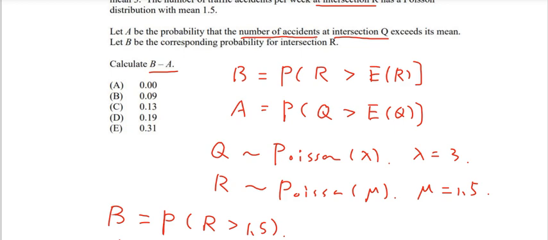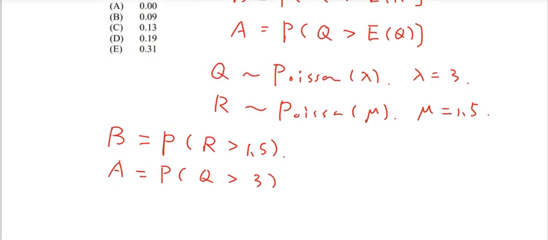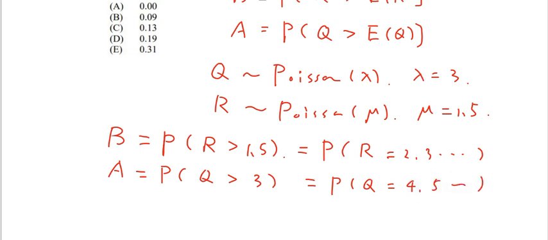It says exceeds its mean, so larger than, right? Yeah. So B equals P of R larger than 1.5, so just start from 2, and A is Q starting from 4, 5, and so on.